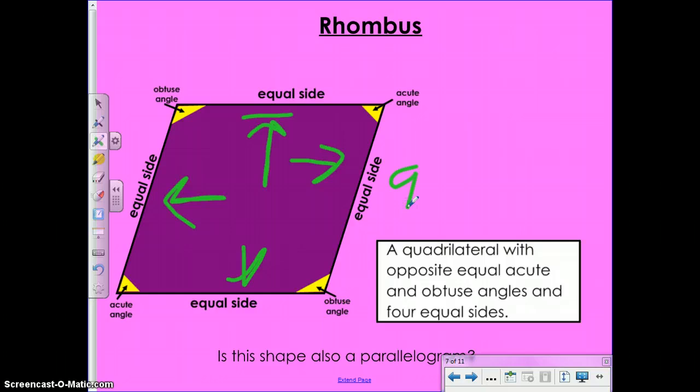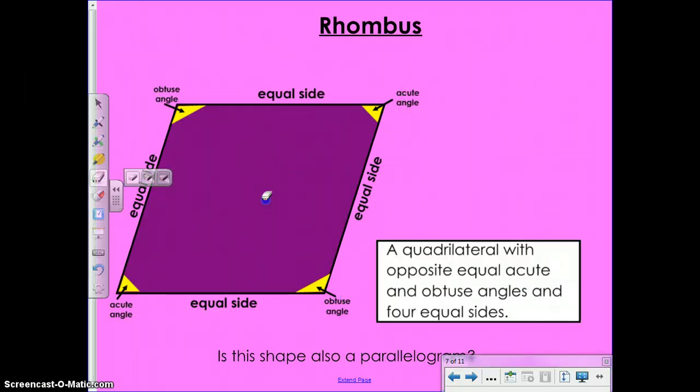The difference has to do with the vertices and the corners. Remember, a square had all 90-degree right angles, okay? A rhombus doesn't. They have acute and obtuse angles. And so basically, you're going to learn more about obtuse and acute. I know you learned a little bit with me this year about them.